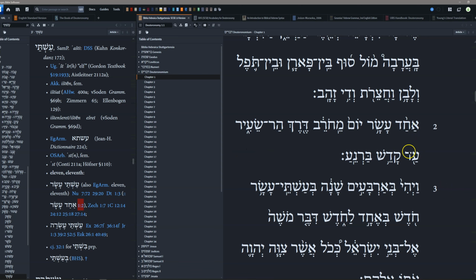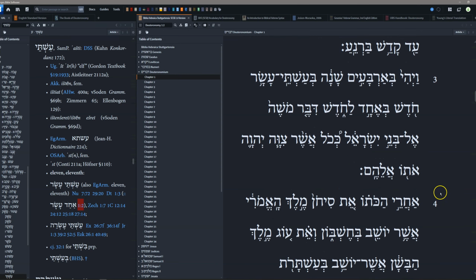This is almost parenthetical, sort of like, by the way, it is 11 days from Horeb by way of Mount Seir to Kadesh Barnea. Then we start in with our narrative, and that's what the vayehi signals here.